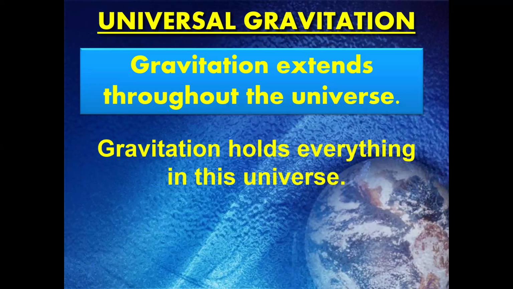Our planet is orbiting the sun because of gravity. And similarly, the moon is orbiting our planet. So gravitation is holding everything in this universe, the universal objects.